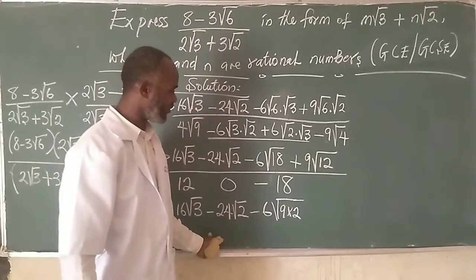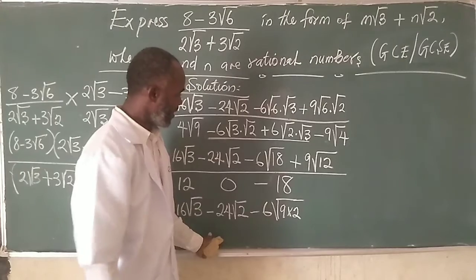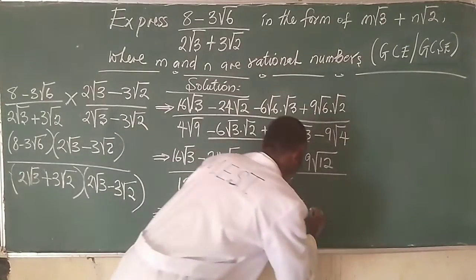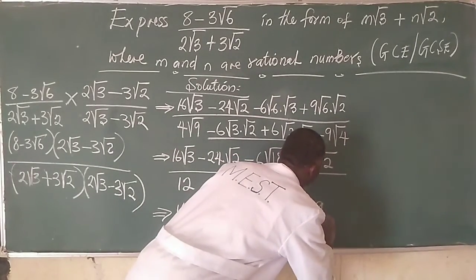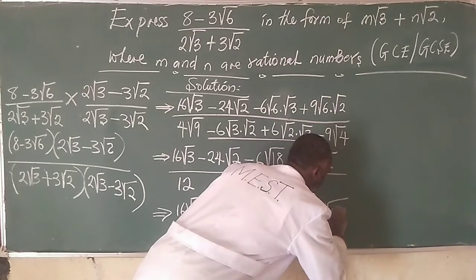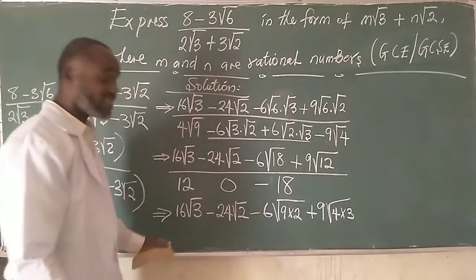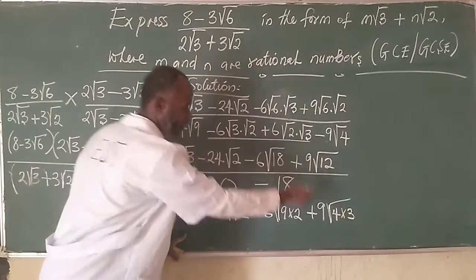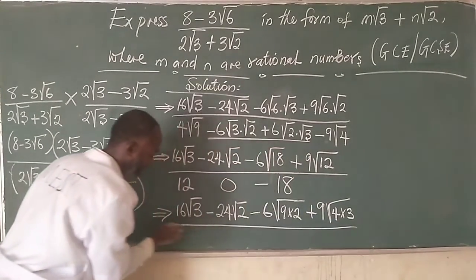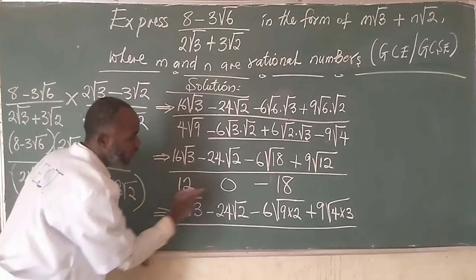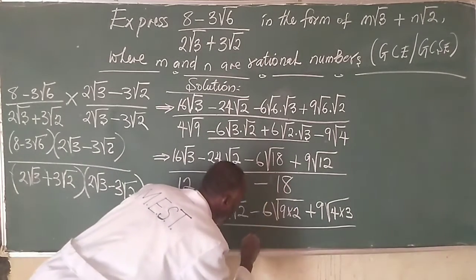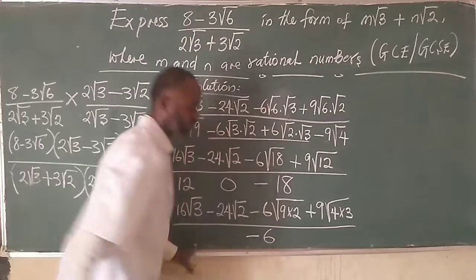This is becoming interesting, right? And then we can also further this by seeing plus 9 square root 4 times 3. Good. Alright, that's the numerator. Numerator all over 12 minus 18, and that will give us minus 6.